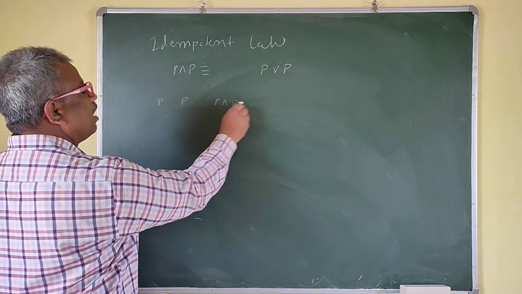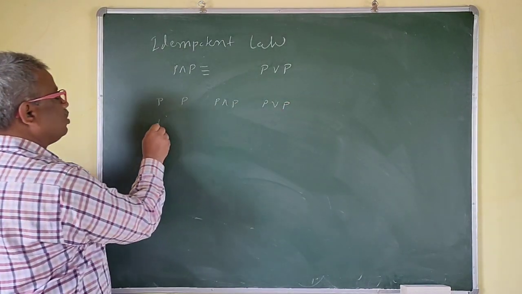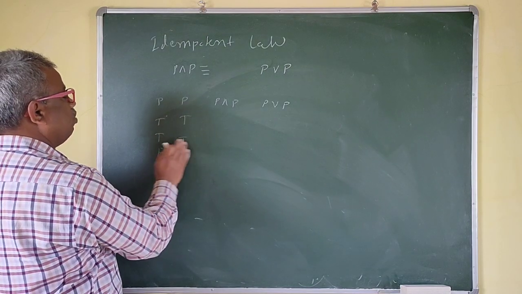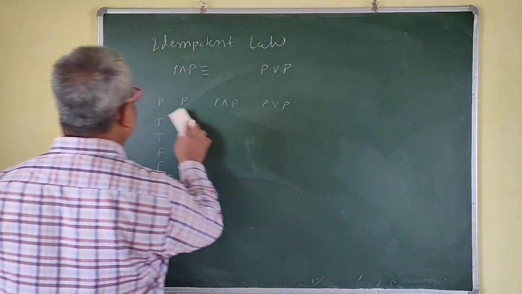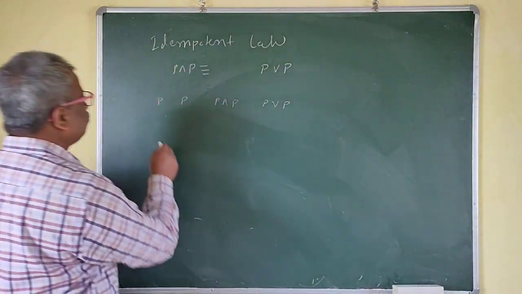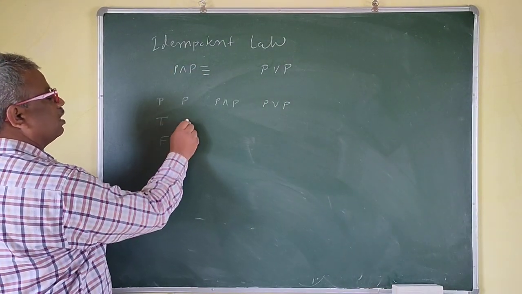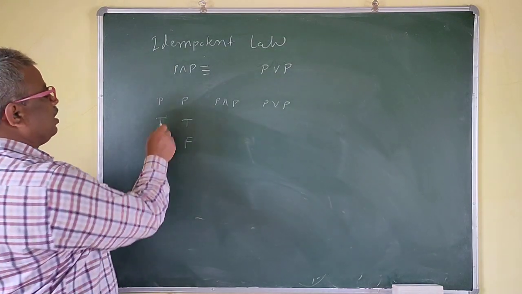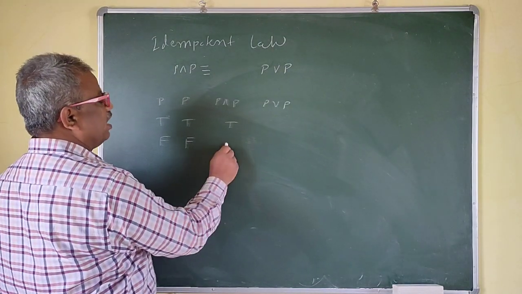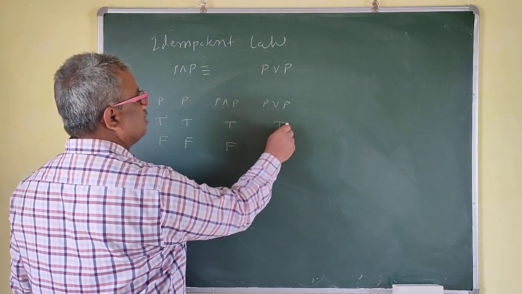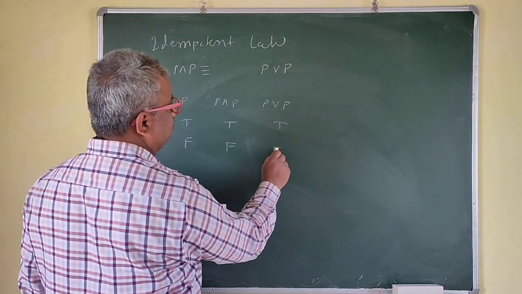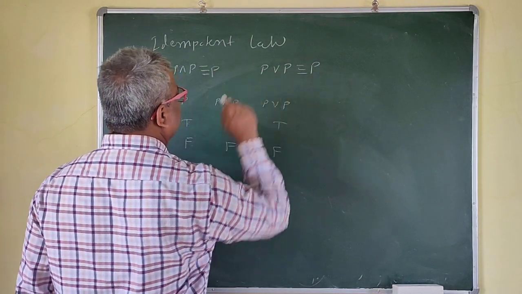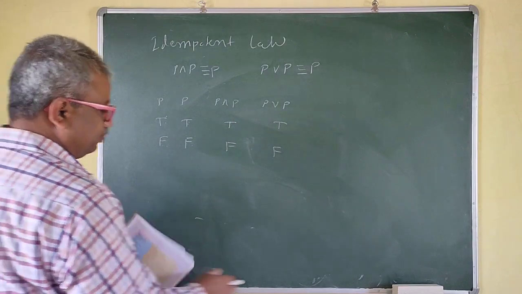Since only one statement is there, only one letter, there is only T and F. So P and P: T and T is T, F and F is F. P or P: T or T is T, F or F is F. Right? So that means P and P is P, and P or P is also equivalent to P.